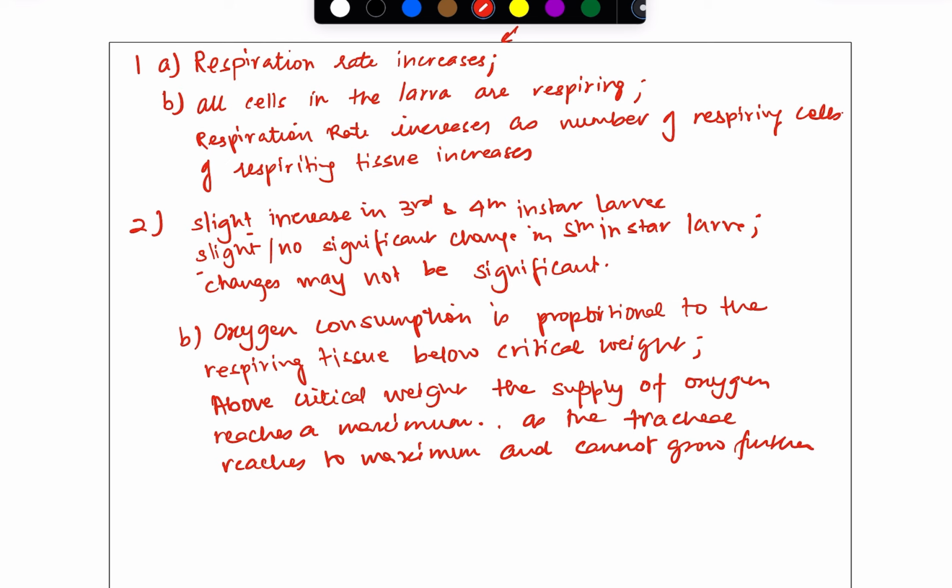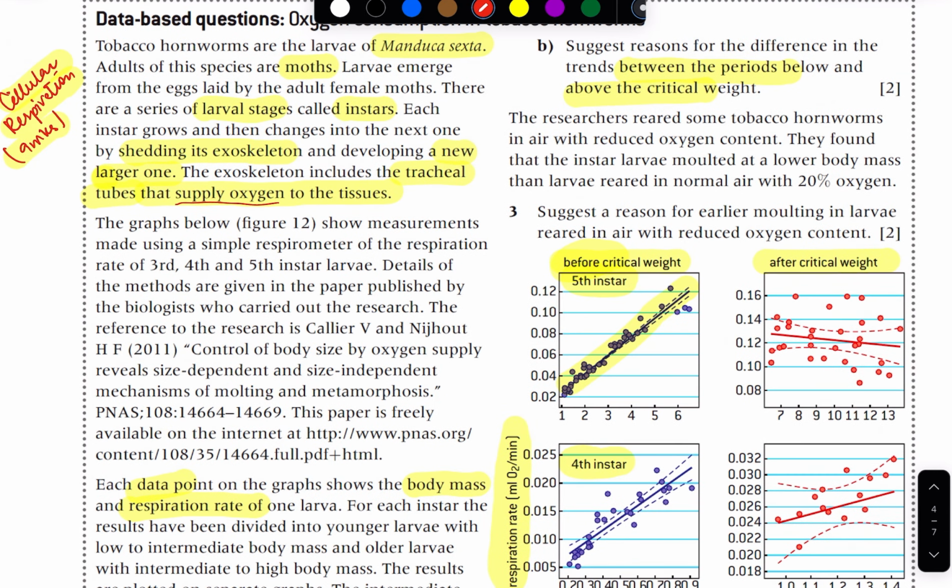Because, as we discussed in the beginning, the trachea is supplying the oxygen. So after critical weight, it has reached the maximum, and now the supply of oxygen is already at the maximum.